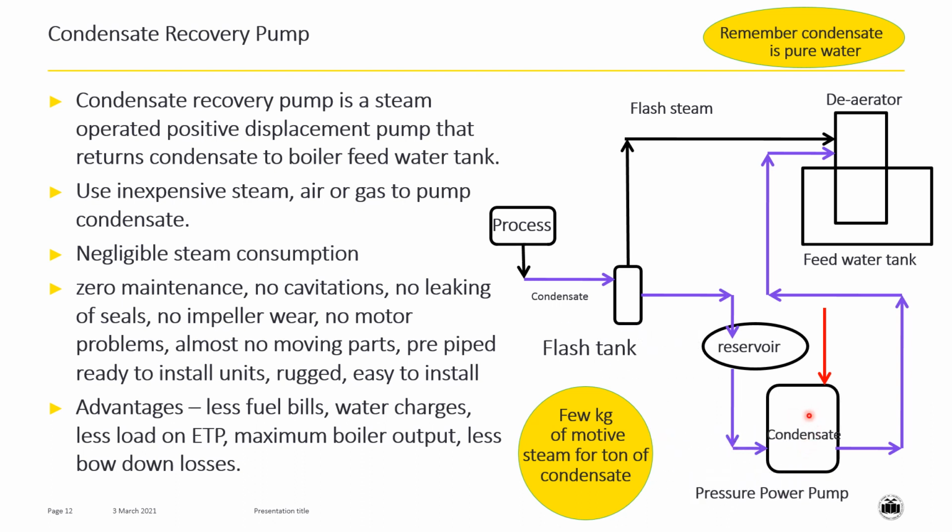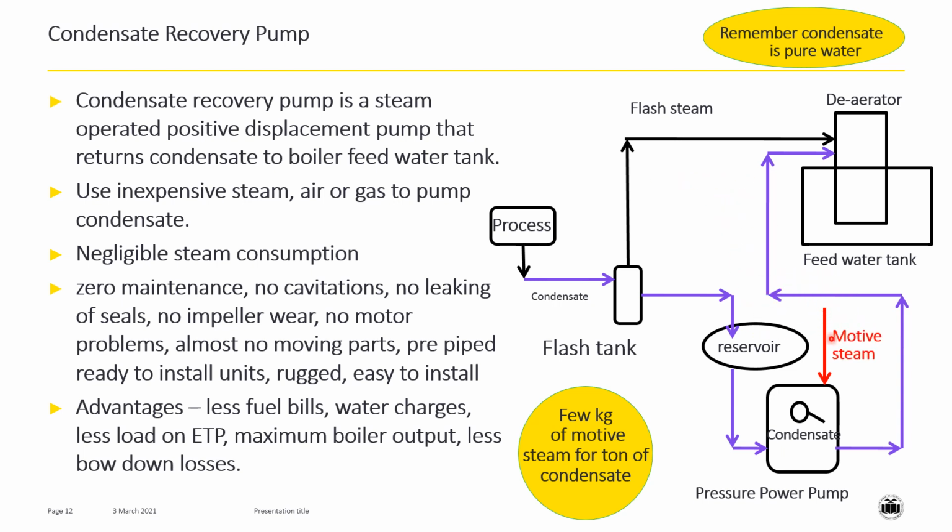Pump has a float inside. As the condensate level increases, the float will also rise. At a certain position, the float mechanism will close the condensate valve and open the motive steam valve.